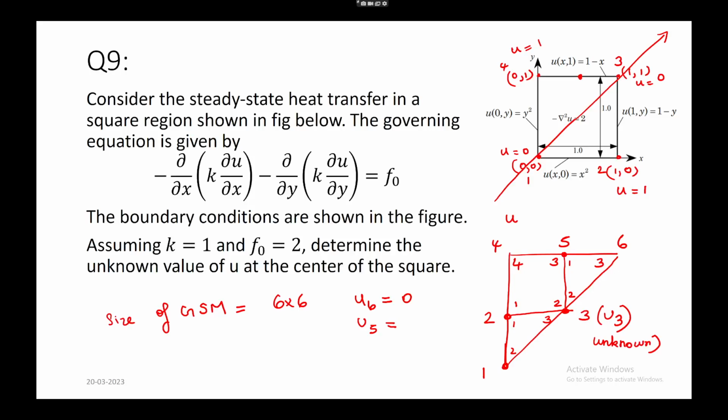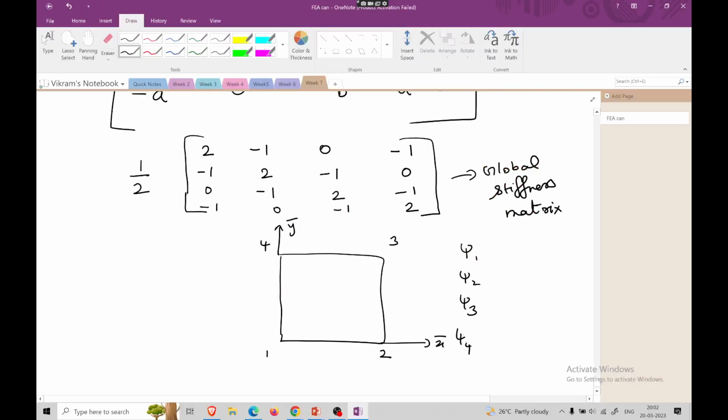If you choose the local coordinate system like this, do you remember what is psi 1, psi 2, psi 3 and psi 4 for the rectangle for this case? So let us say this is side a, this is side b. Psi 1 is 1 minus x bar by a into 1 minus y bar by b.